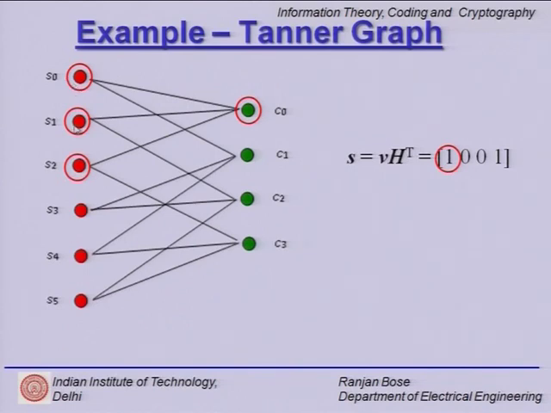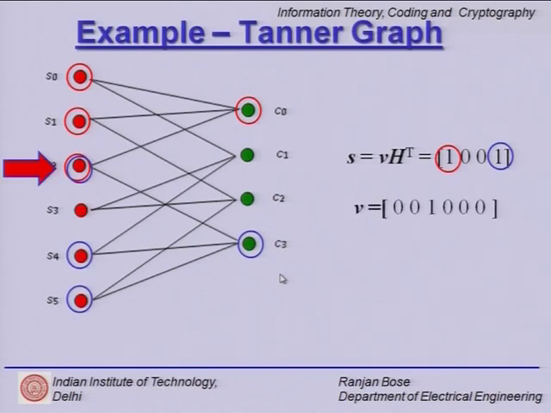Either this is flipped or this is flipped or this is flipped, but I do not know. So, I look at the second guy and I see, well, C3 is connected to S2, S4, S5, right. Now, S2 is raising the maximum suspicion, because not only is it connected to C0, but it is also connected to C3.